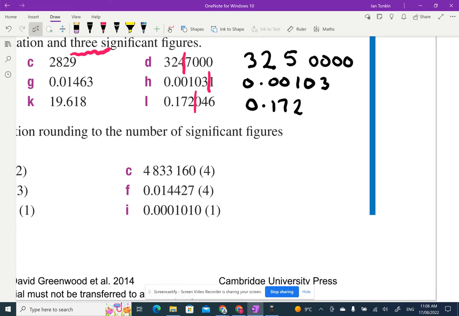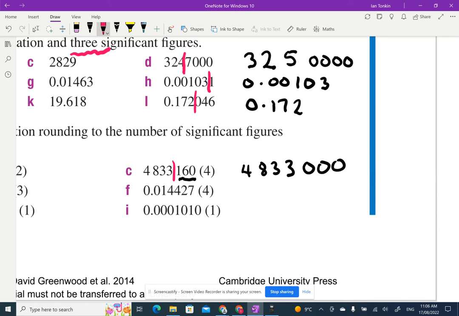Now, as I go here, I'm going to write 4 significant figures. So I'm going to write 4, 8, 3, and then I stop because I need to have a look at that last number. That 3, I look at the number behind. It's not 5 or more, so I leave it alone. And then I add the 3 zeros for these places for place value.